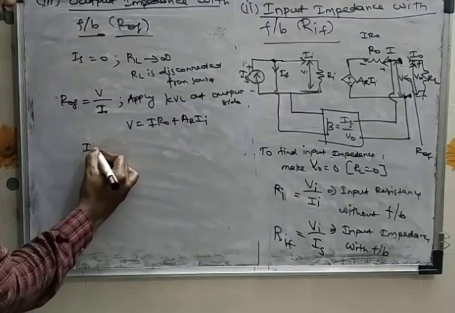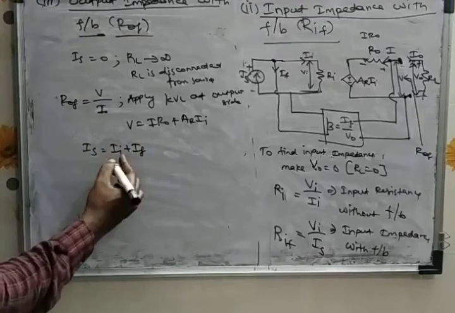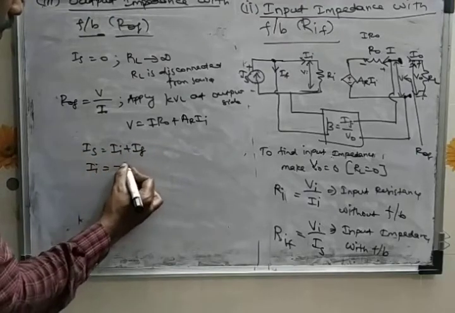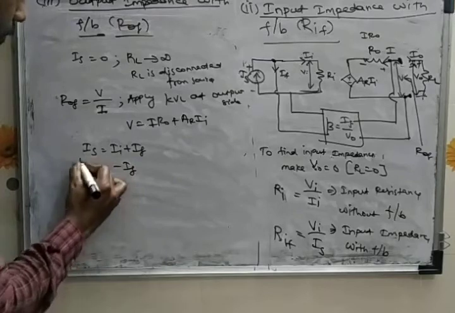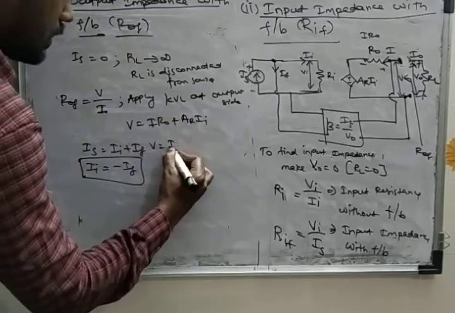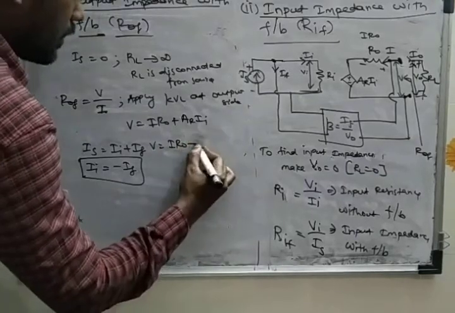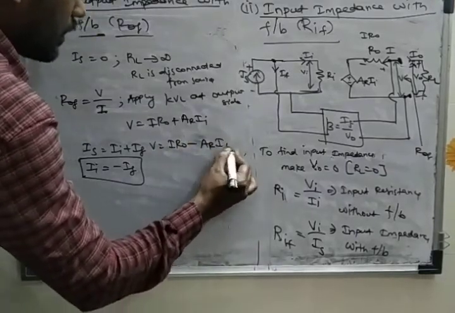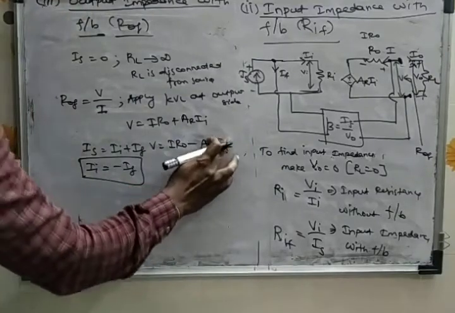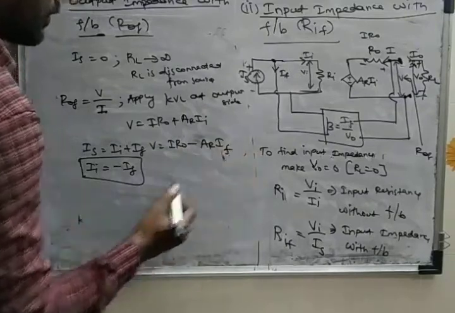Next replace IA; we are assuming IS is 0. We know that IS is equal to IA plus IF. If IS is 0, you will get IA equal to minus IF. So instead of IA substitute minus IF.